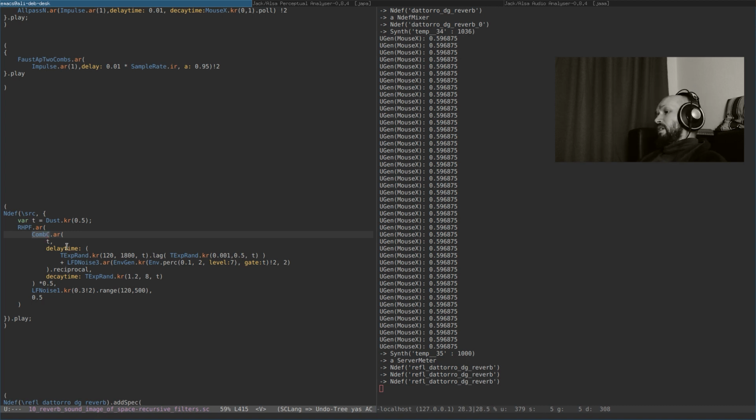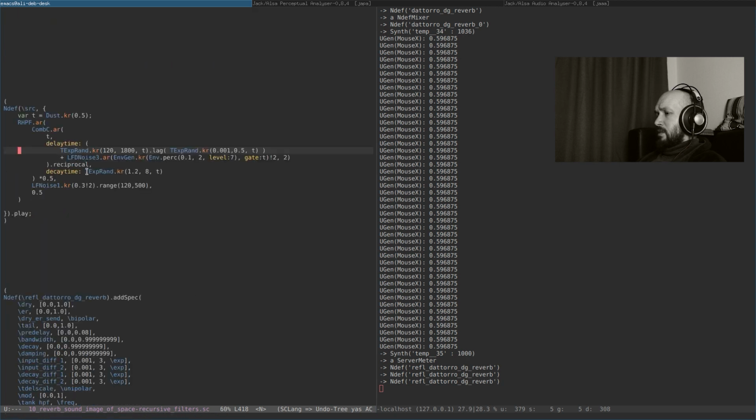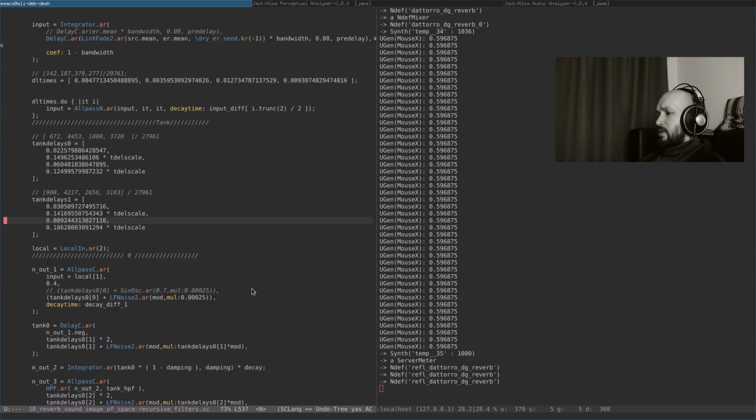The algorithm is called Karplus-Strong, by the surnames of the researchers who described this algorithm. This is the simplest variant of this algorithm. So let's use this for the input and take a listen at how it sounds with this reverberator.